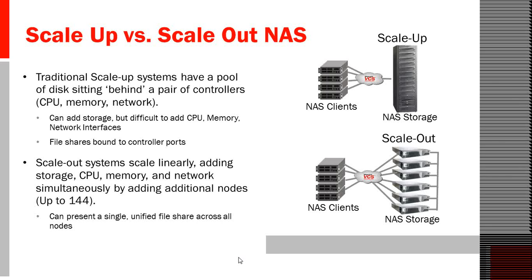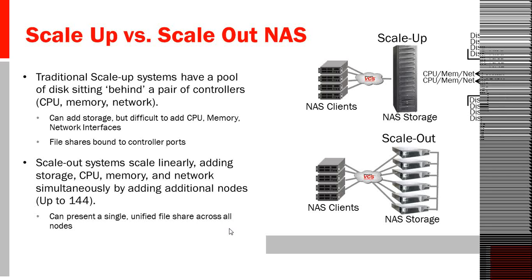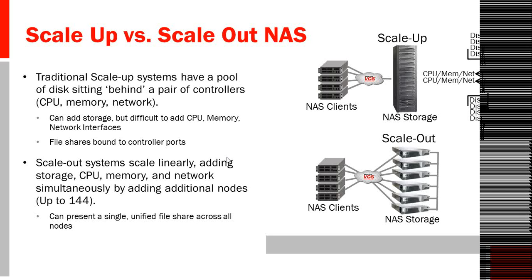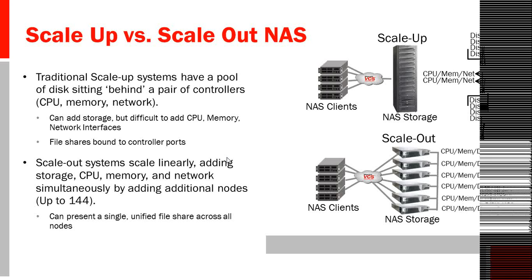So although I'm sure the SAN market and block storage is still very large, like we saw, and very important to Brocade, a lot of clients that I deal with use scale-out NAS to provide what they need for their business as well.